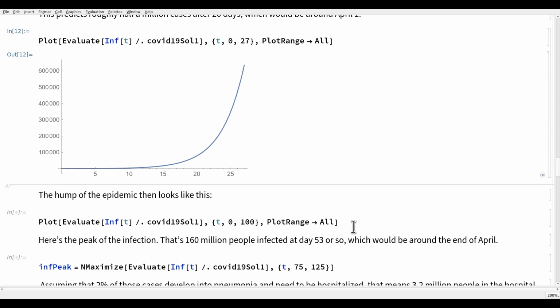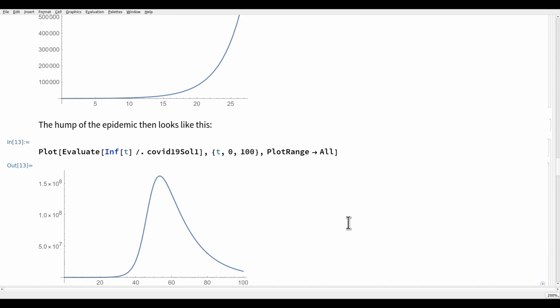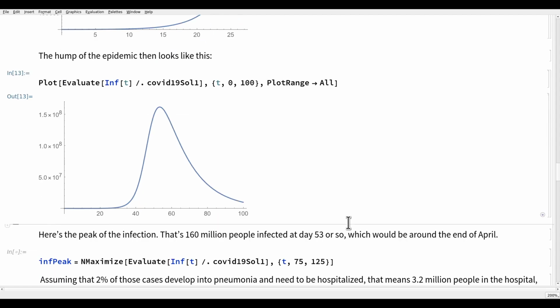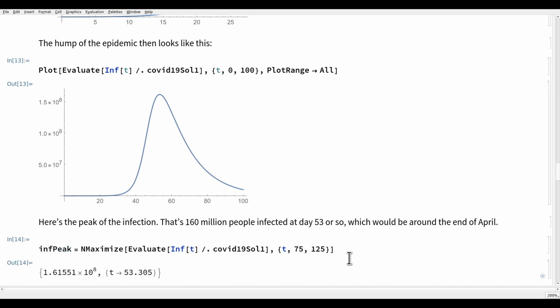So then what do we make of that peak in the epidemic, the hump? This is just the first 100 days or so, so that's about 3 months. You can see that the peak occurs about 60 days in, so that would be around May 5th. And that number is, well, let me run the actual calculation here.